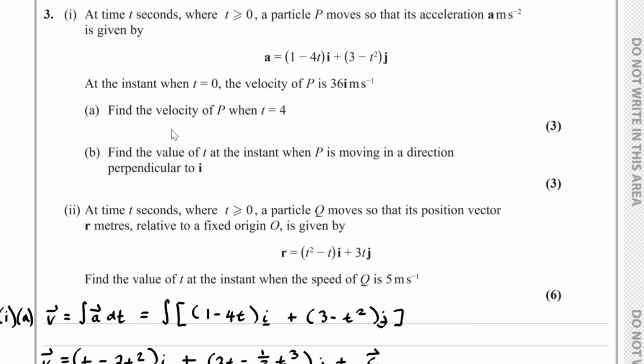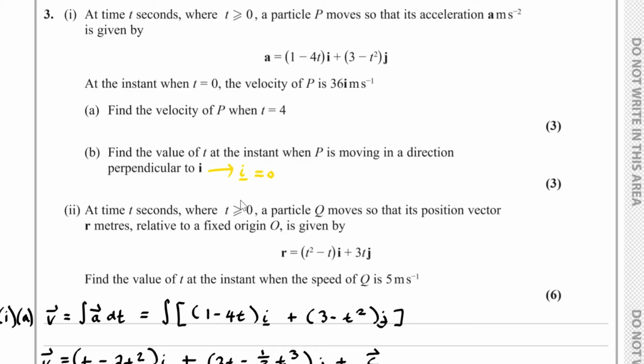And now for part B of the question, we have to find the value of t at the instant when P is moving in a direction perpendicular to I. Well, if we're moving perpendicular to I, we can see from here that the I component will equal 0.